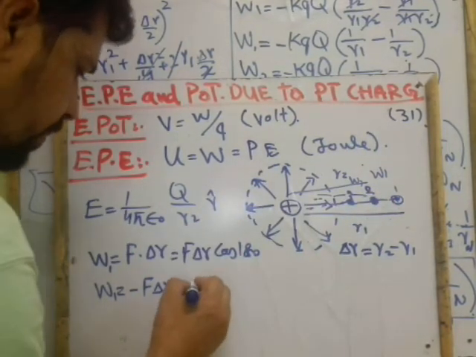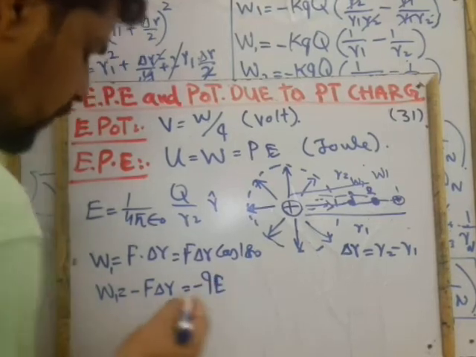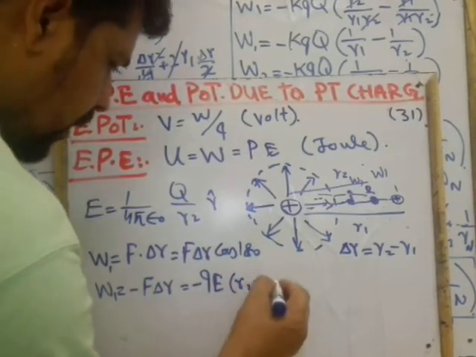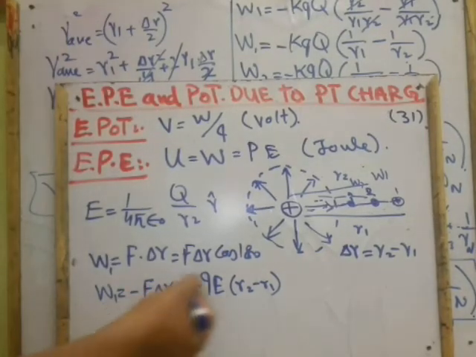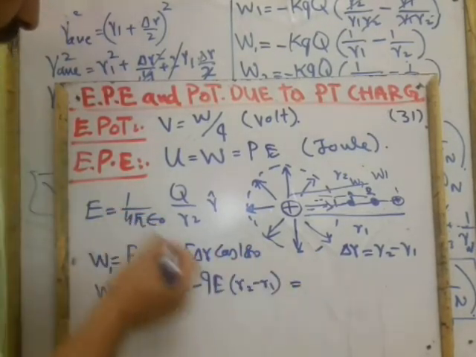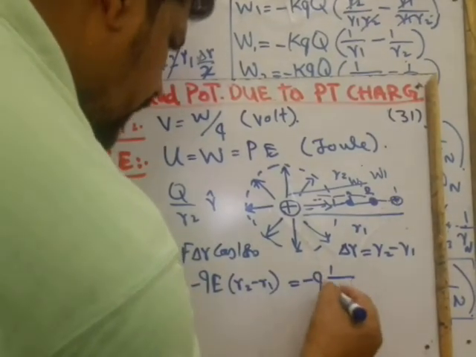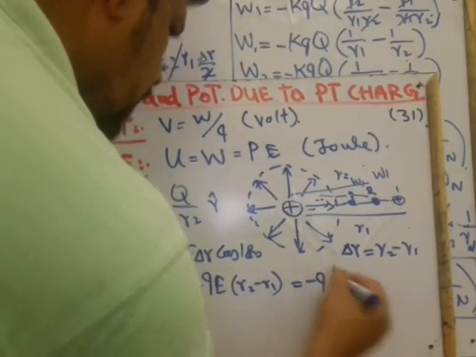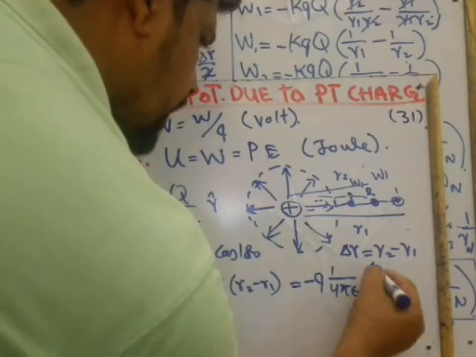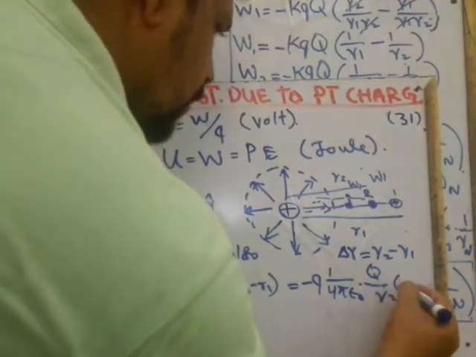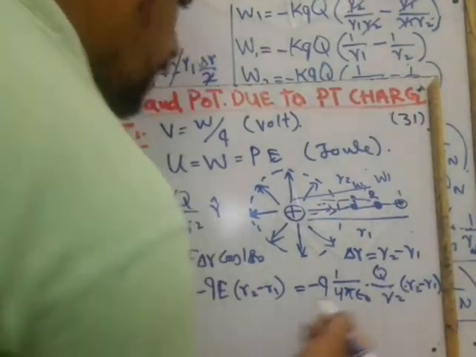So we can write minus q into E, as we know that F is equal to qE, and delta R is equal to R2 minus R1, and the minus is always there. Next, putting the value of E, we write minus q times 1/4 pi epsilon naught, Q divided by R square, times R2 minus R1.